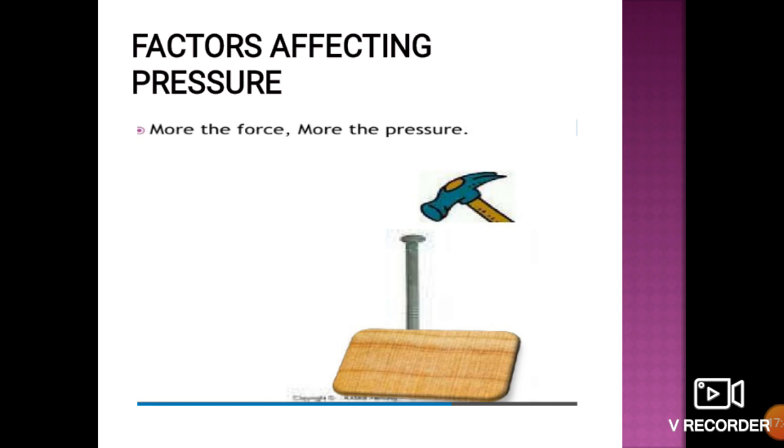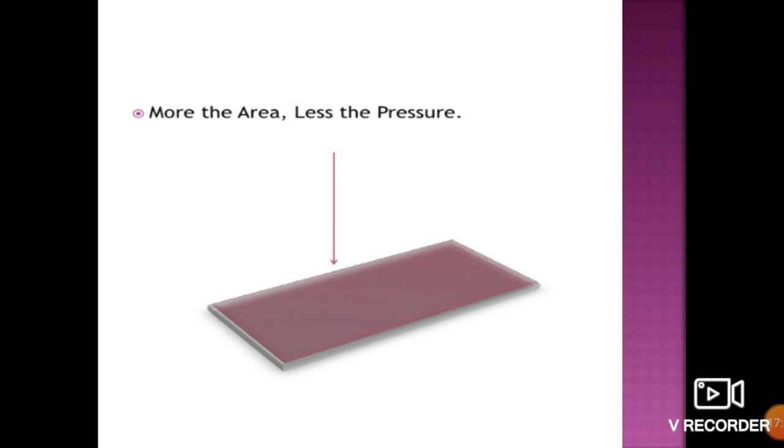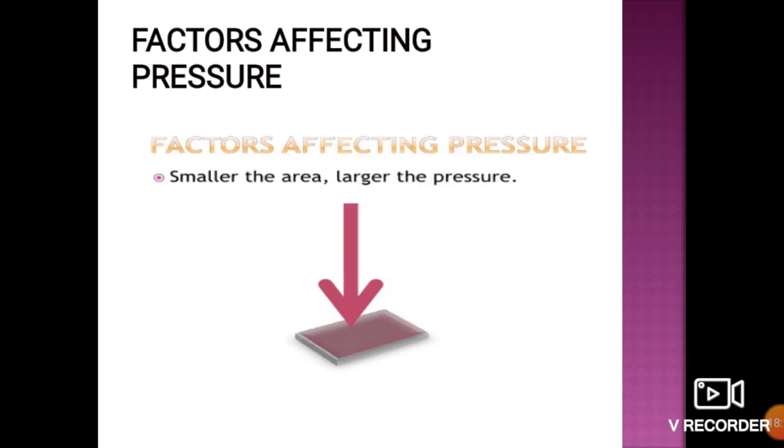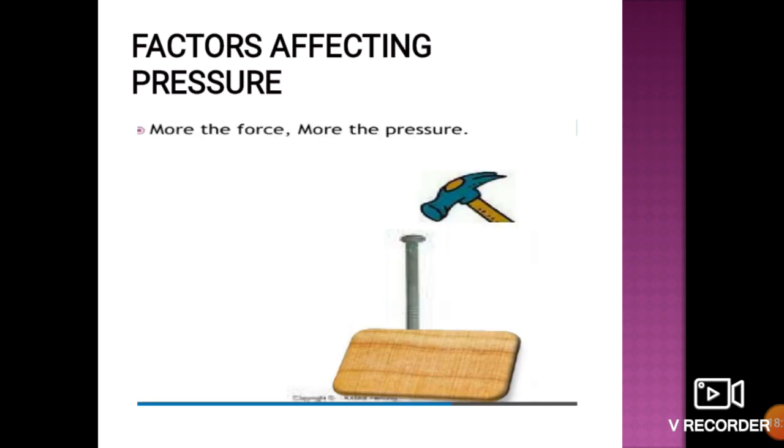So force is directly proportional to pressure, that means if we increase the force, the pressure will also increase. And more the area, less will be the pressure. If the area is more, then what will happen, students? The pressure exerted on that object will be less. So these are all the factors which affect the pressure.